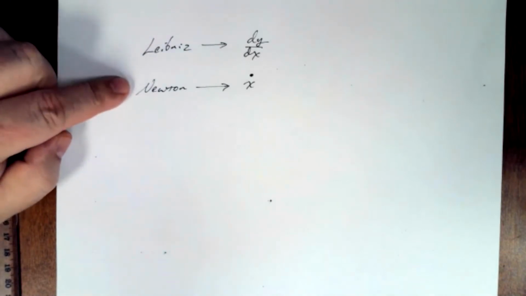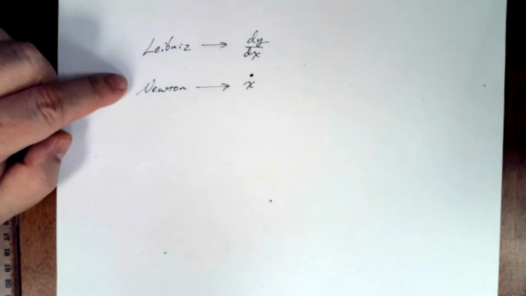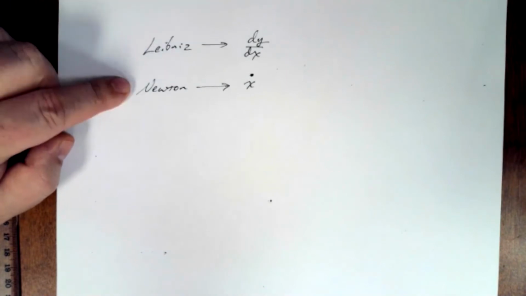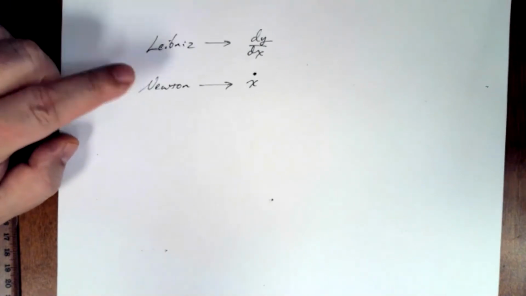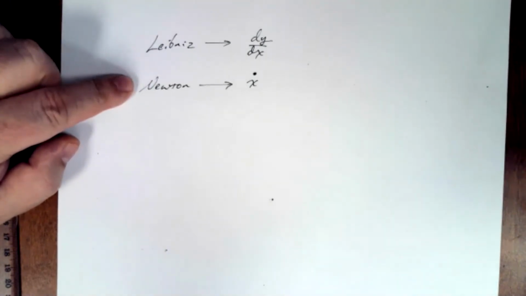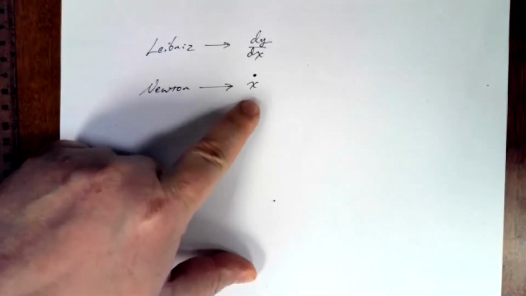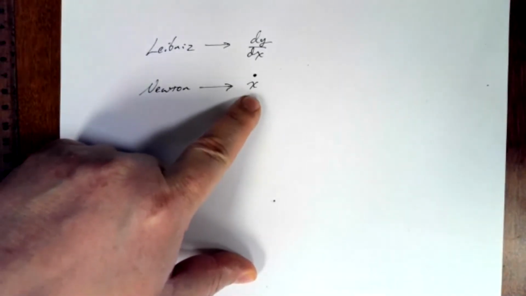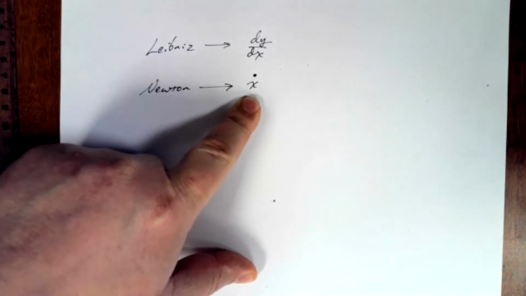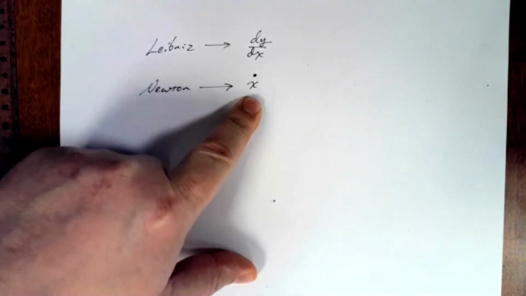And for a long time, English mathematicians used specifically Newtonian notation for calculus. And since India was a British protectorate, you still see Newtonian mathematics, Newtonian symbolism, in the universities in India.